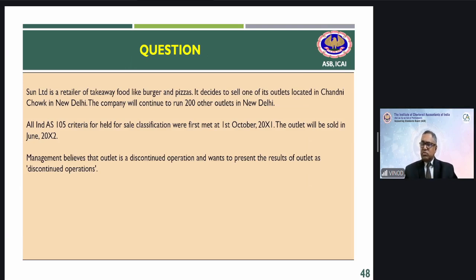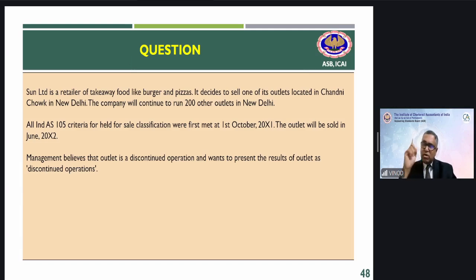Let's try this question. This question is actually very, very important for students or readers of 105. And the biggest mistake in 105 discontinuing operation is solved by understanding this question. A retailer of food, like a burger chain, decides to sell one of its outlets in Delhi.